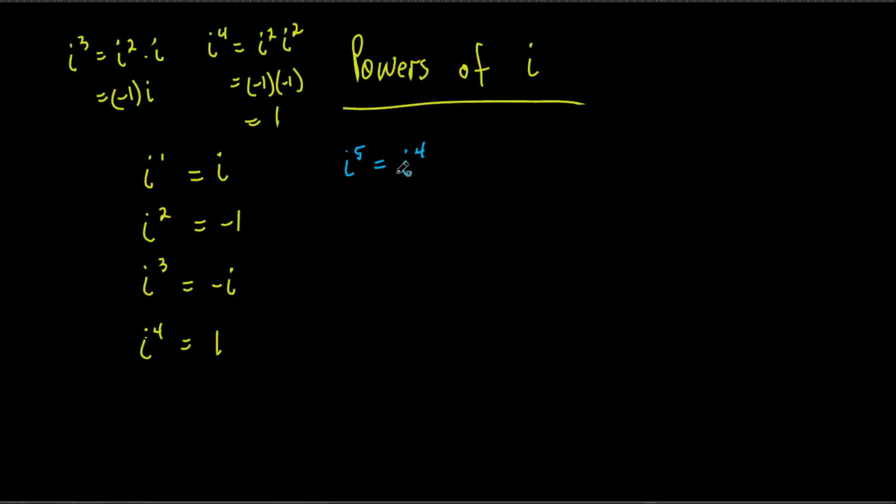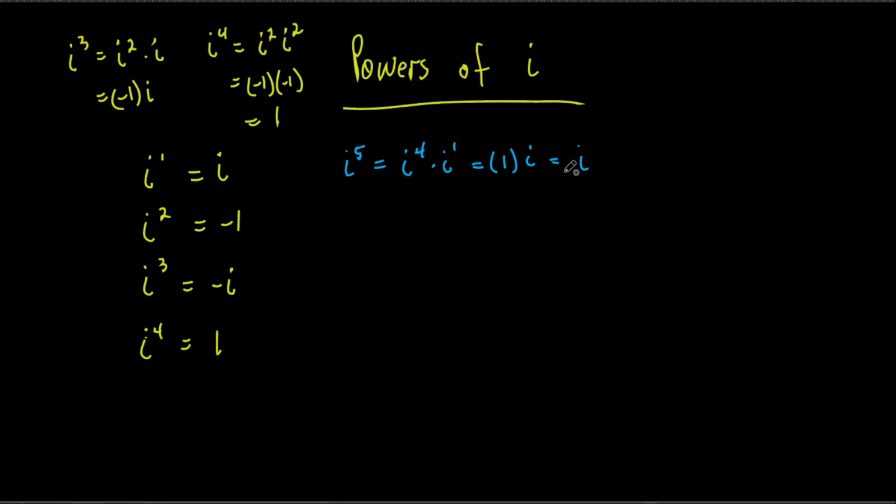If you could break these down into i to the fourths, I would always do that. i to the fourth is just 1. So what's i to the fifth? i to the fourth times i. What's i to the fourth? 1. What's i to the first? Just i. So what's that equal to? i. Do you see how i to the first and i to the fifth are the same thing? Because if we break them down, we're just taking out an i to the fourth. What are you left with? An i right there.